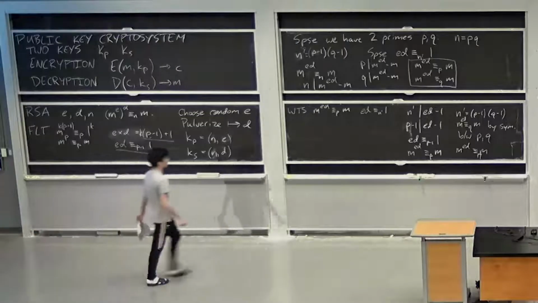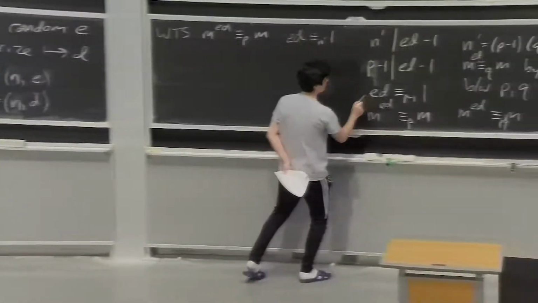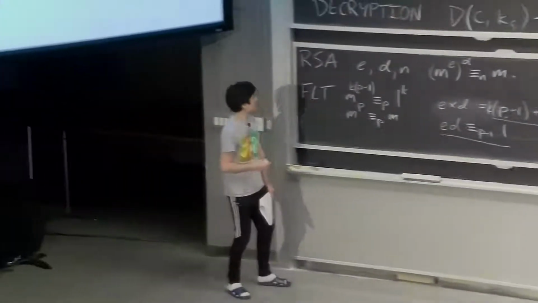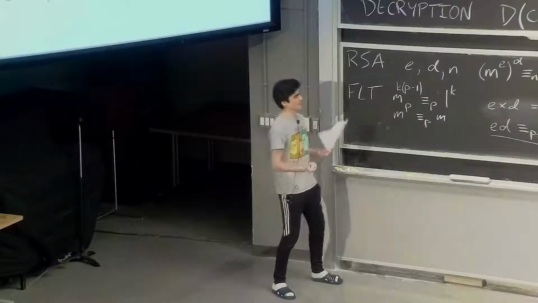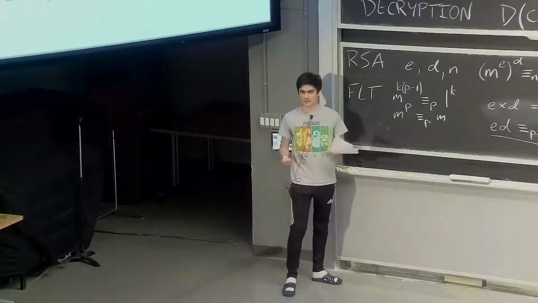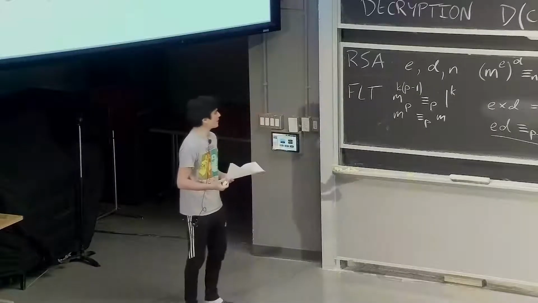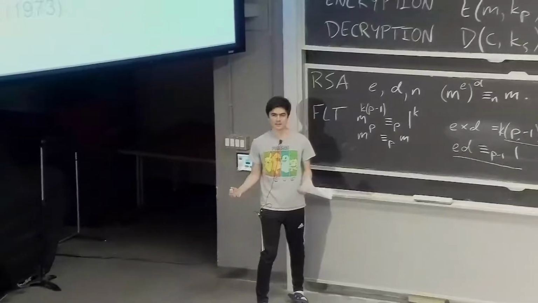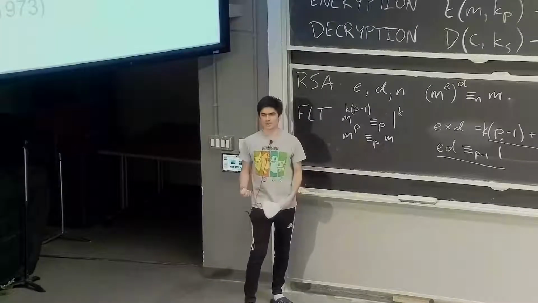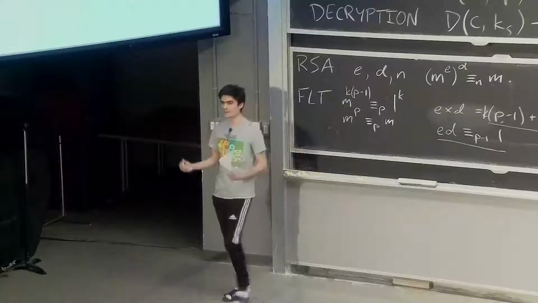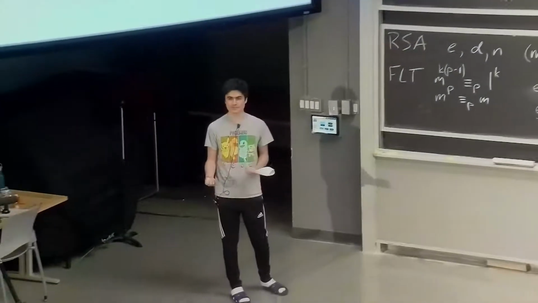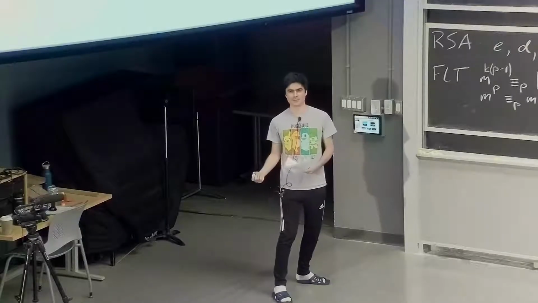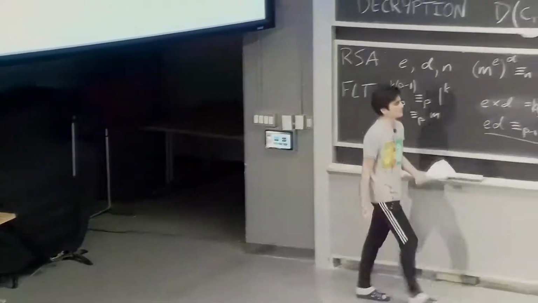Okay, so the question was, can we go into this step here in more detail? Remember that's what we were doing over here. Fermat's little theorem says that m to the p minus 1 is congruent to 1 mod p. So if we raise these to any power k, it's still going to be congruent to 1. So m to the k times p minus 1 will also be congruent to 1. So m to the k times p minus 1, plus 1, will be congruent to m.